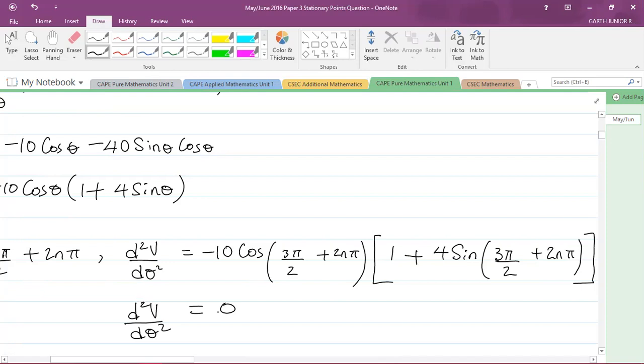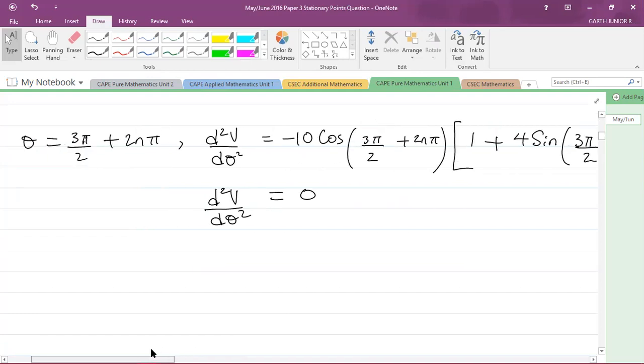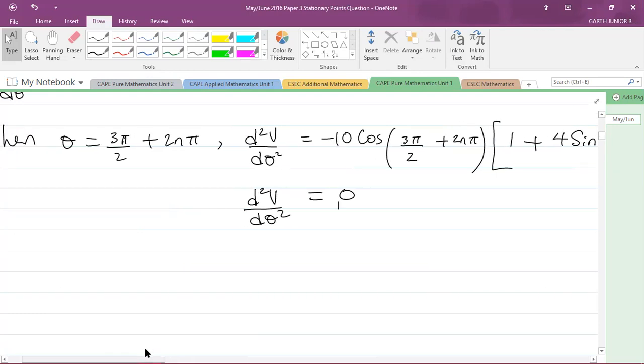Now, what does that mean? When we substitute a stationary point into the second derivative and we get 0, what does that mean?